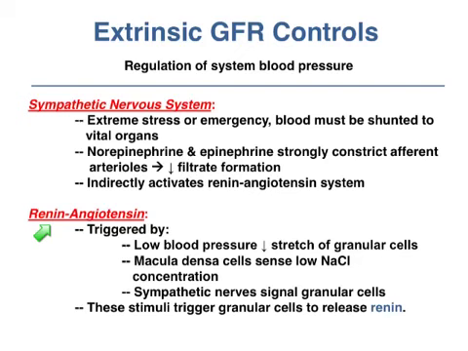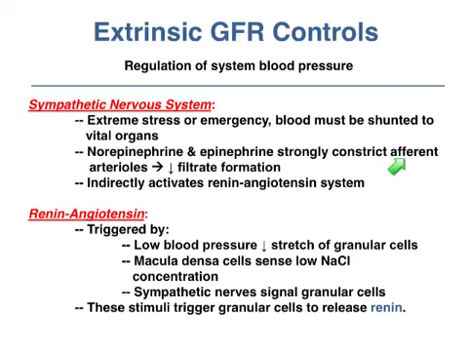So acute blood loss stimulates your sympathetic responses. Key hormones involved in the sympathetic nervous system are norepinephrine and epinephrine. And in the kidneys, these two hormones cause a strong constriction of the afferent arterioles. So this decreases filtrate formation.